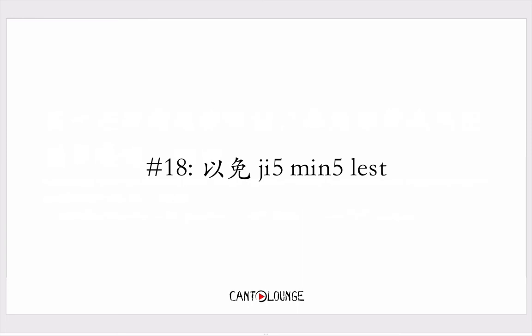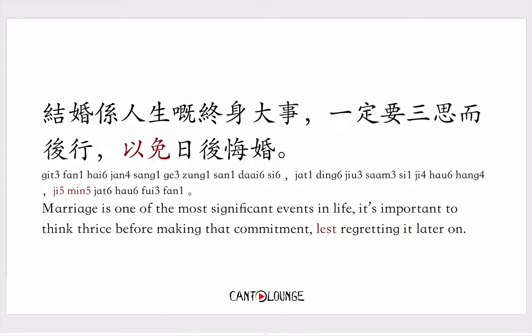Number 18, 以免 translates to, a lesser used word in English I guess, lest. So for example, feeling philosophical, maybe a dad trying to talk his daughter out of a rushed marriage, after dating a guy for, I don't know, 4 or 5 months, and then they're going to get married.